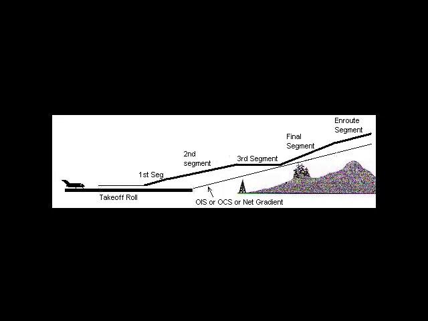All manufacturers have elected the net takeoff flight path procedure of climbing to some altitude, leveling off, cleaning up the aircraft, accelerating to the final climb speed, reducing power to max continuous, and then resuming the final or en route climb.